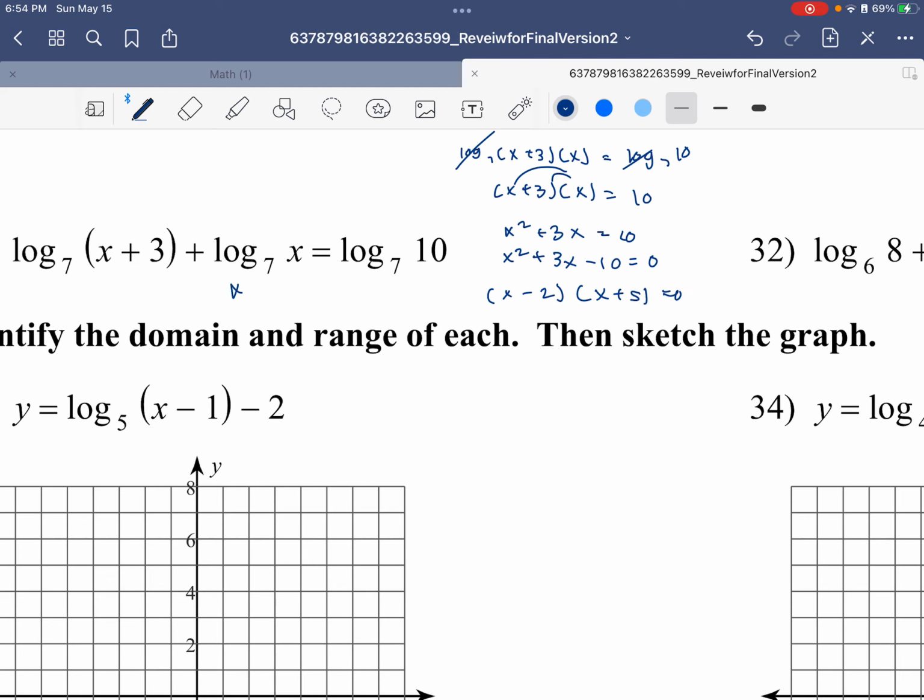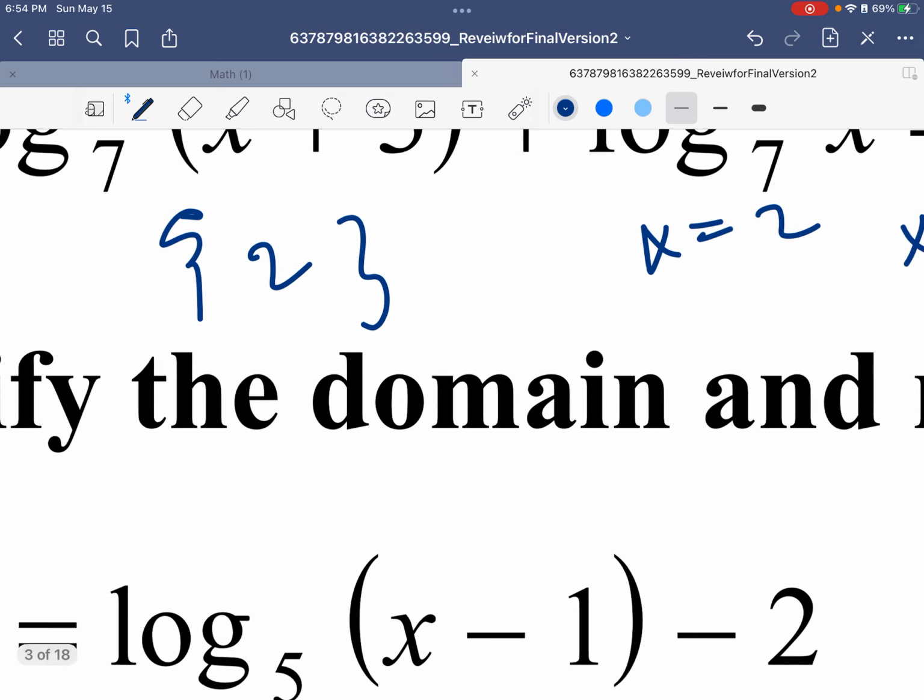So we have x equals 2, x equals -5, and when it's negative, it's not a solution because the argument of a log function can only be a positive number. So that's not a solution. Our only solution is 2.